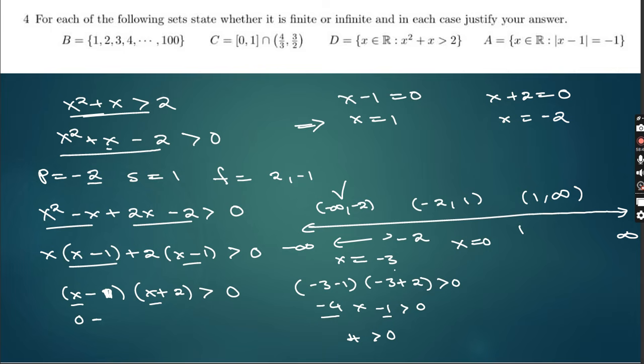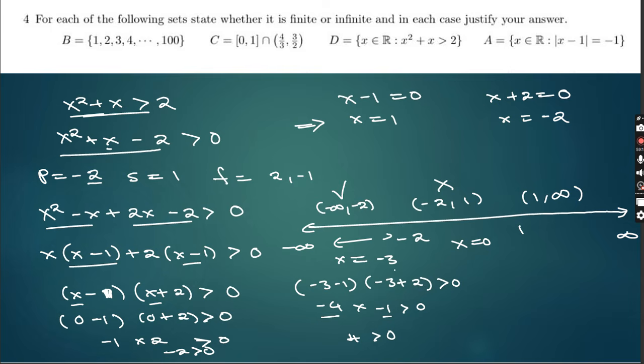So it's 0 minus 1, multiplied by 0 plus 2, to be greater than 0. I'm left with -1 multiplied by 2, and our answer is -2. Is -2 greater than 0? No, because all negatives are less than 0. So this part is not true.